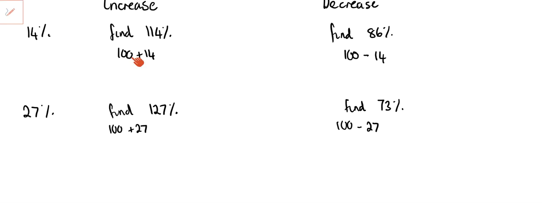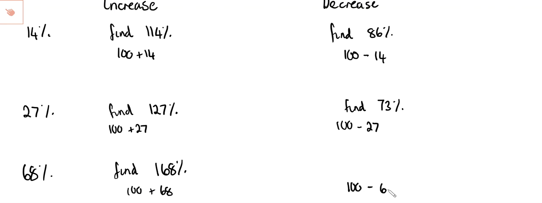If I do an increase of 68%, means I'm going to find 168%. Because it's 100 plus 68. Here it's going to be 100 minus 68, which is 32%.